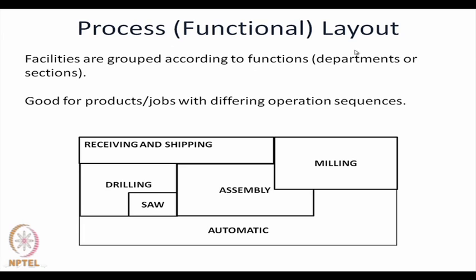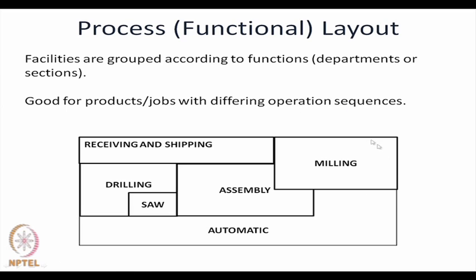In a process layout, which is also known as a functional layout, facilities are grouped according to functions. That means departments or sections are formed. They are good for products that differ in their operation sequences, meaning custom products, in which the specifications are different, the designs are different, and the operation sequences are also different.